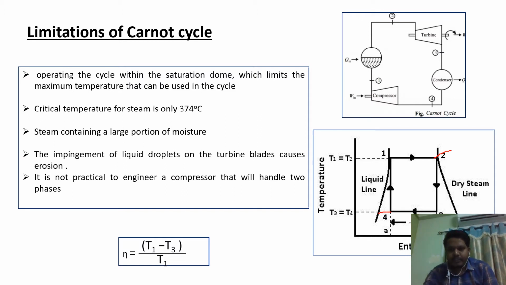When we extend this line up to the saturated liquid line, the total mixture is converted into liquid. The other thing is he extended this point beyond the steam line. That means the steam is getting superheated. If it crosses this steam line, automatically T1 will increase. If T1 increases, the efficiency of the cycle will increase. With these modifications, Rankine developed a cycle. That cycle is called the Rankine cycle.